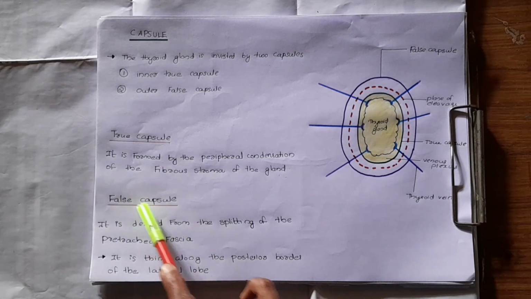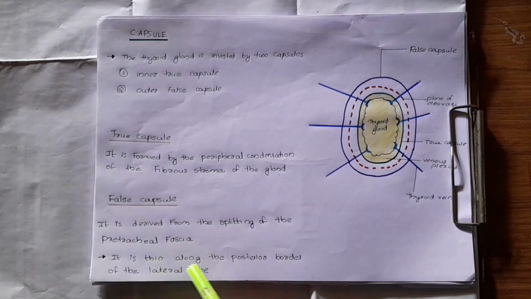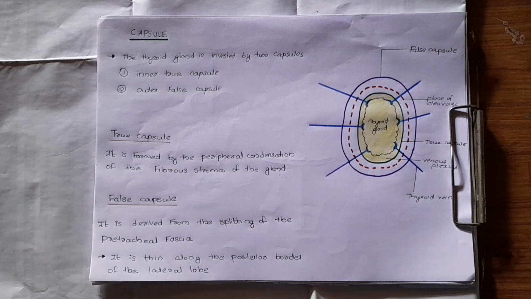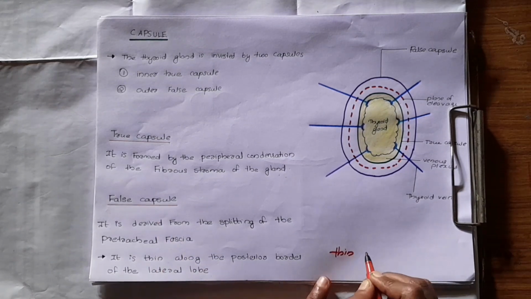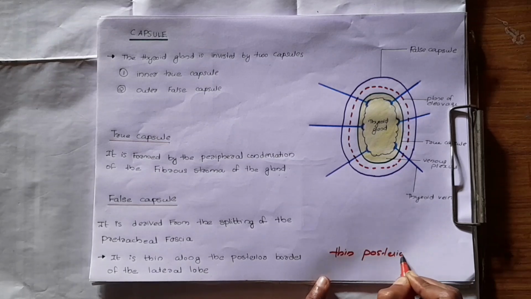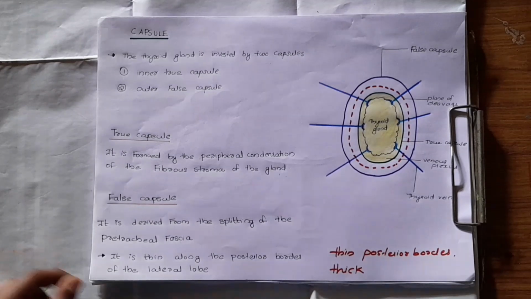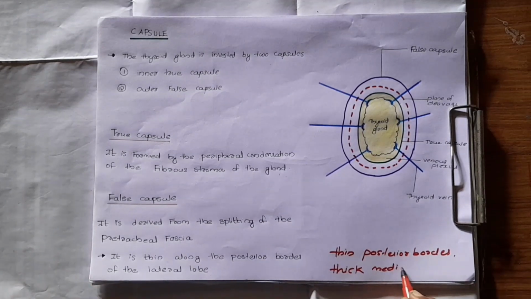The false capsule is thin along the posterior border of the lateral lobes, and it is thick along the medial surface of the lateral lobes.